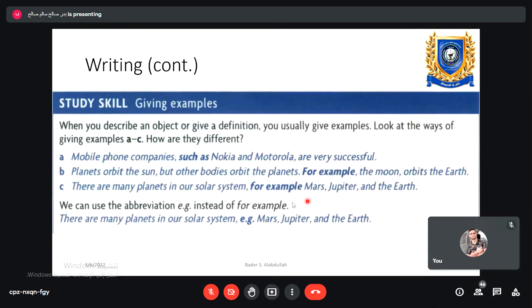But these are not two separate sentences. This is just what's called a noun phrase. As you know, a phrase is a group of words, not one, but more than one. And these have nouns. Mars is a noun. It's a name. Jupiter, and the Earth. These are names.